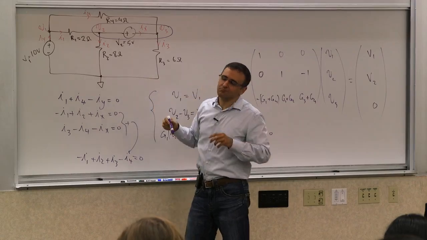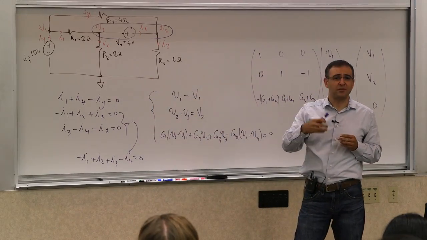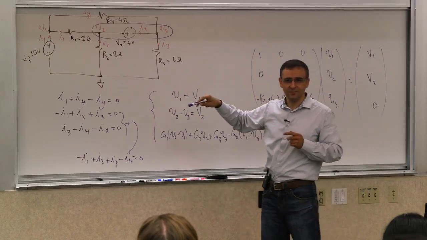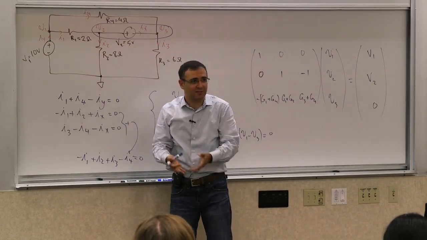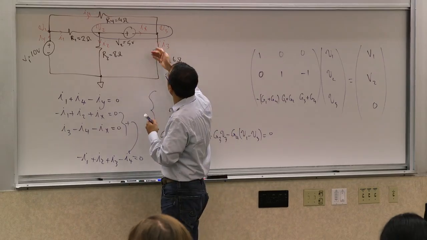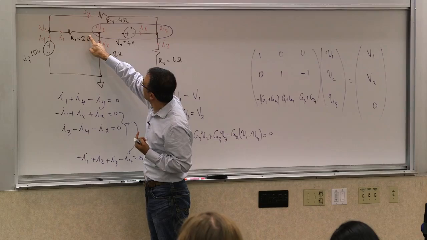This actually has a fancier name, which I will mention so that you know. It comes from graph theory. It's called a cut set. So if you write KCL for this giant node, what are the currents coming out of it?